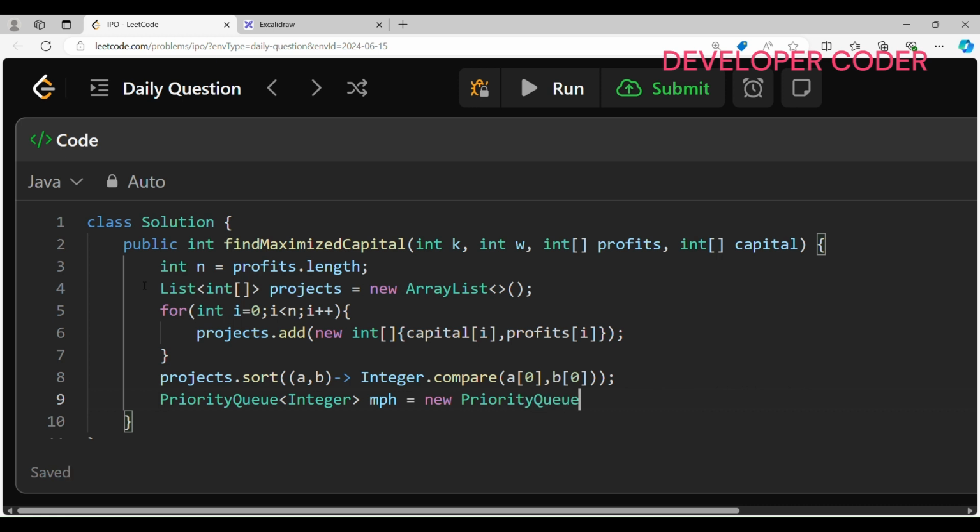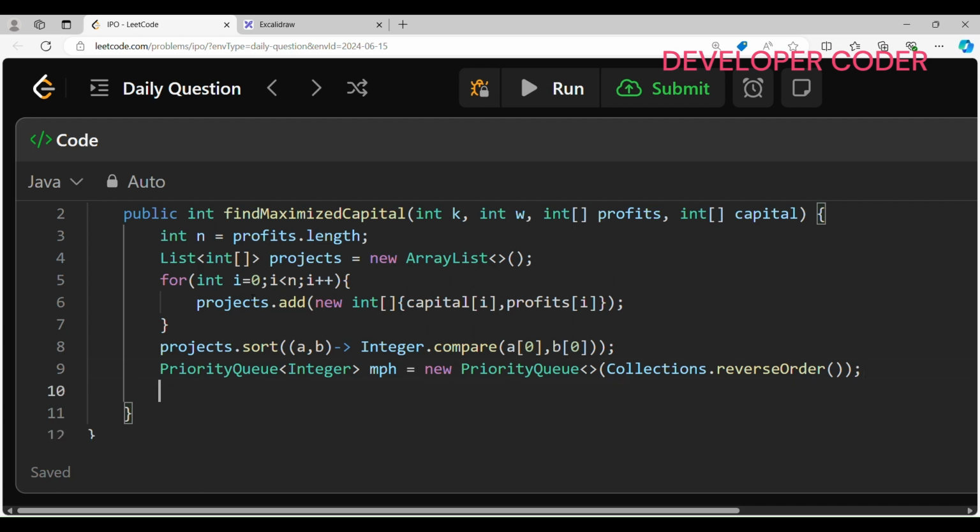Since in Java by default a priority queue is a min heap, we have to just reverse the order. So for that I am just going to use Collections dot reverseOrder, to treat it as my max heap. This is done. Then after that initially my i is equal to 0.